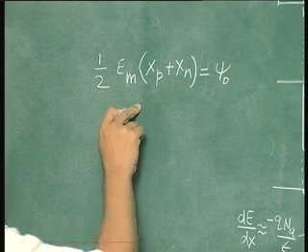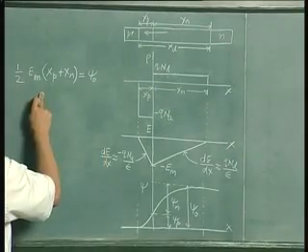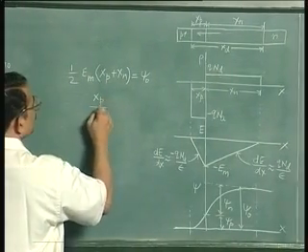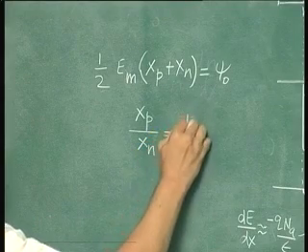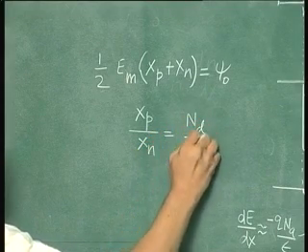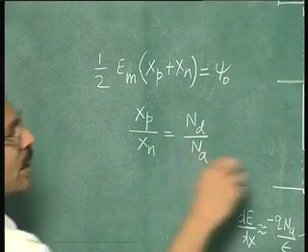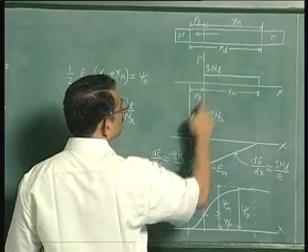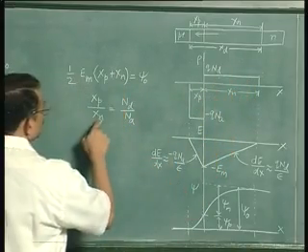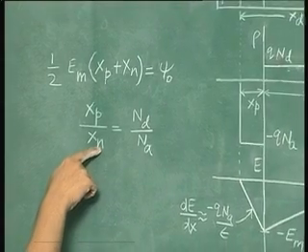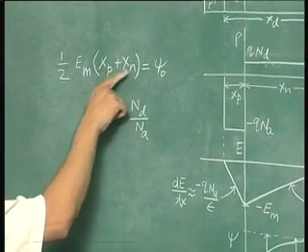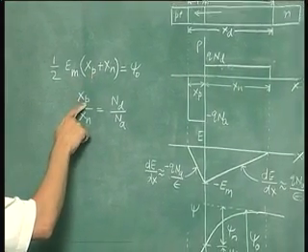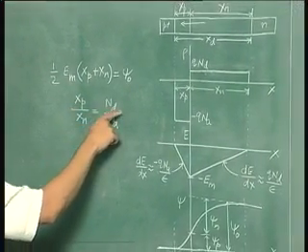Now we know that Xp upon Xn is equal to Nd upon Na. This we have shown earlier because of charge neutrality, because this area is equal to that area. Positive charge is equal to negative charge. Using this, we can replace one of these, Xp or Xn, in terms of the other. So let us write Xp is equal to Nd by Na into Xn in this formula.